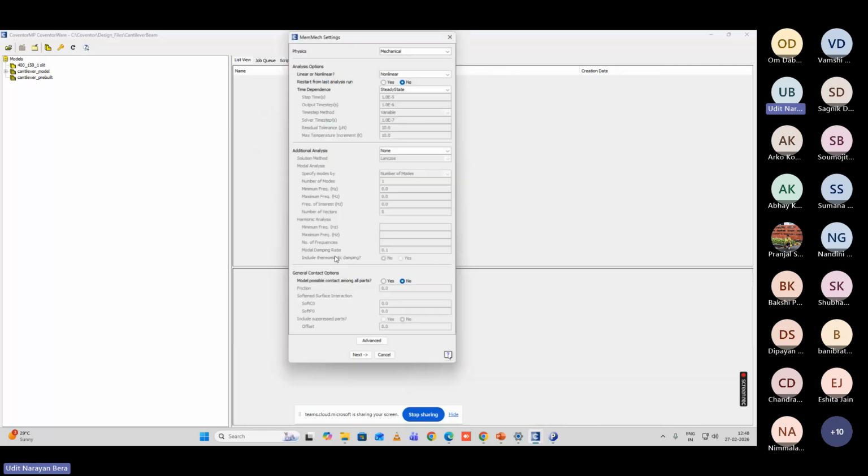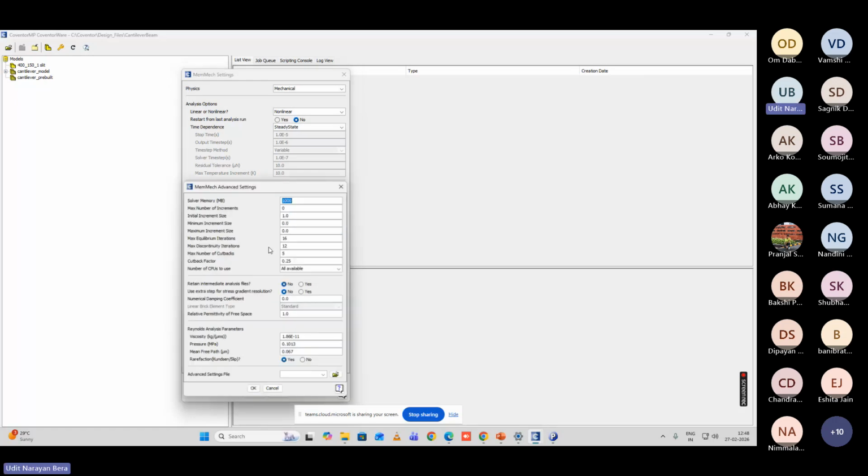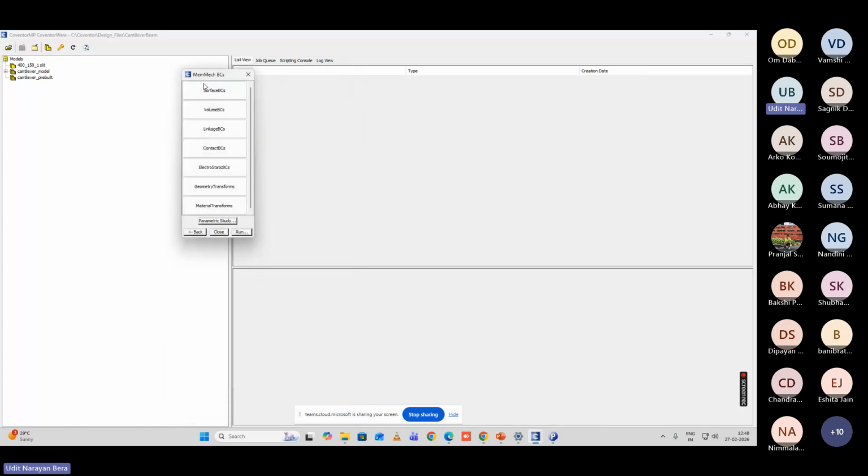So next, what I'm going to do here, let's take the natural frequency first. So I'm selecting the modal analysis, and I'm saying the number of modes is 6. For better performance, I'm choosing 12,000, the memory solver, and that's it.